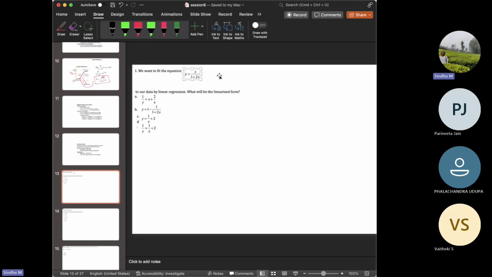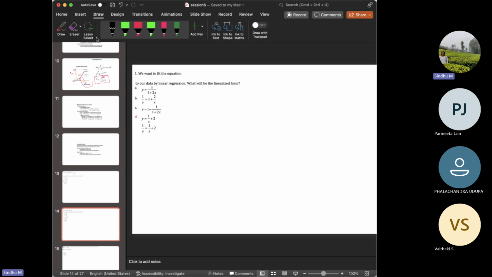So you have to divide 1 plus 2x by x term by term. So that is the basic idea. Now you can try to solve it. Yeah, so you have got the answer correct. The correct answer is option D.